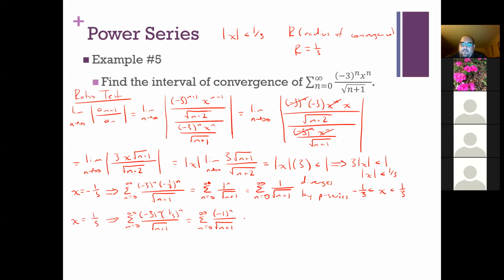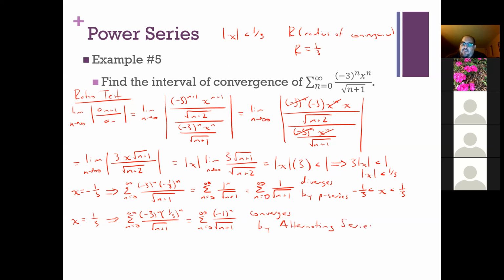What does this series do? And hopefully you see this one converges by alternating series test.